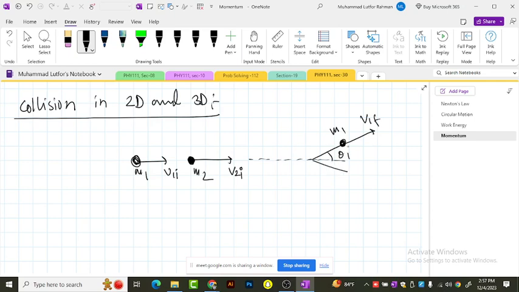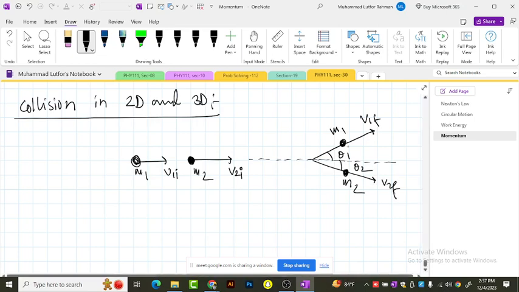And this is M2, which moves towards V2f, at angle theta 2, right? So that means after the impact they move in different directions.